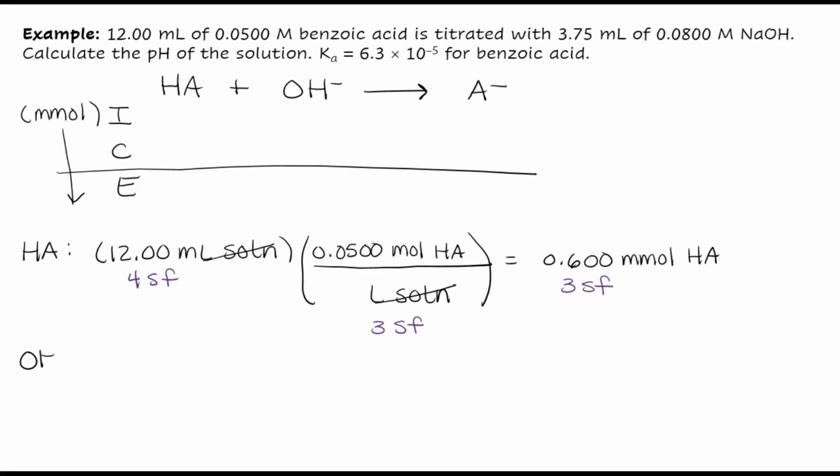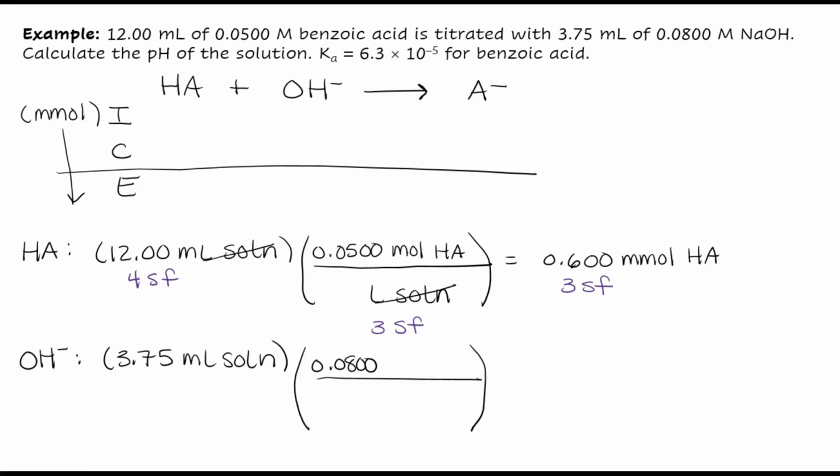For hydroxide, we're starting with 3.75 milliliters times its molarity, which is 0.0800 moles of OH- per liter of solution. Liters of solution will cancel, and we'll be left with milli and moles.